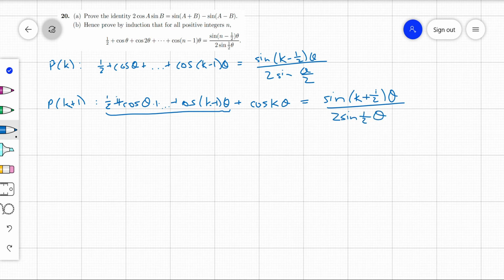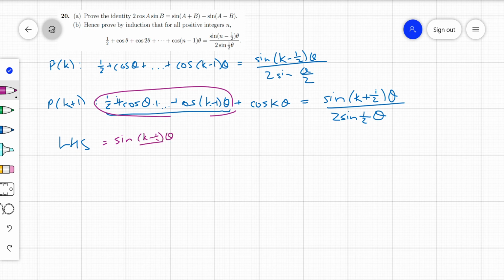Alright, so if we take that left-hand side, and again, I'm skipping lots of steps here, that whole part is straight from our P of k, we know that part is equal to sine of k minus a half theta on 2 sine theta on 2. So we know that. But we're also adding this term cos k theta.